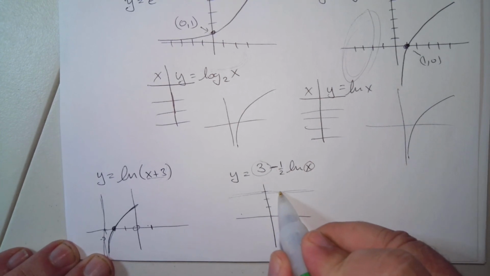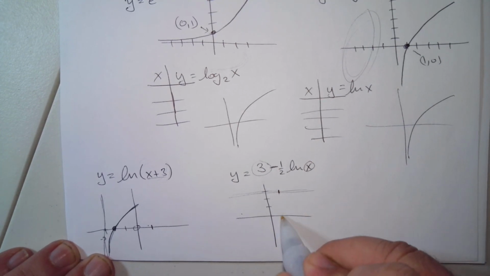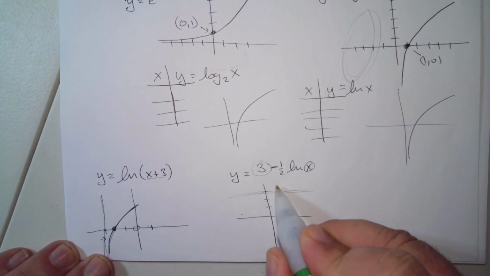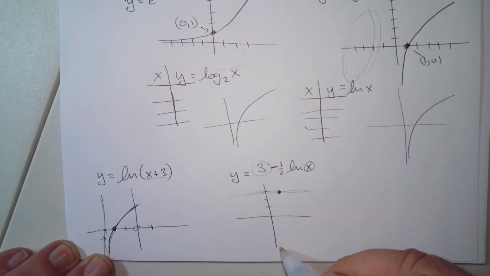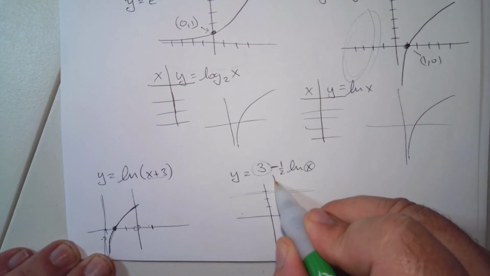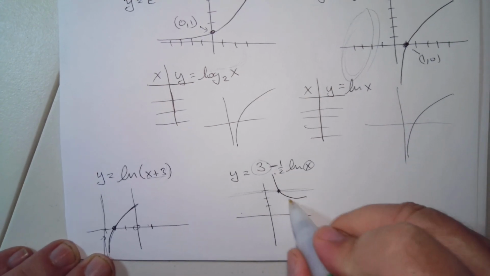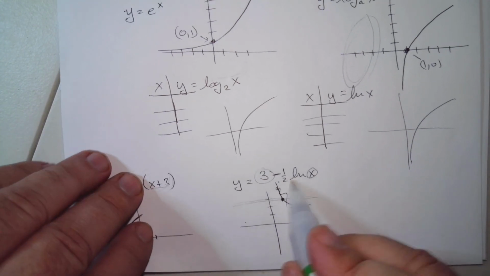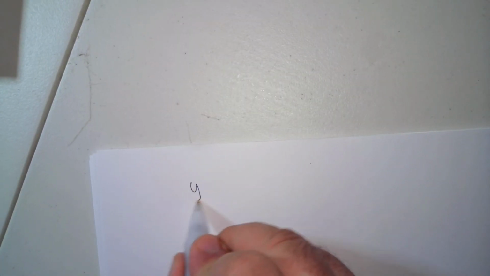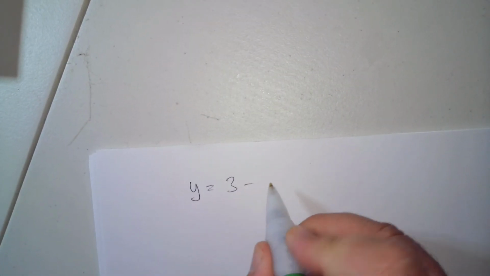Because the function is negative, again, it still crosses at 1 to the right. What that means now, instead of going up, it's now a decreasing function. Wait, I ran out of space there. Let me show you this one.